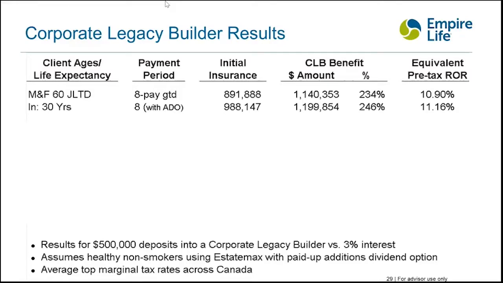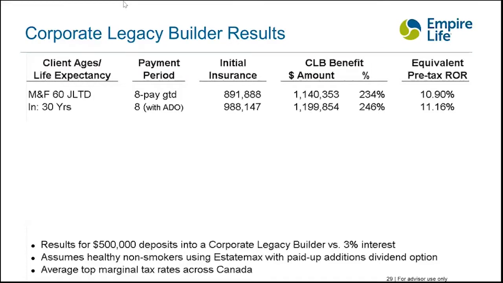All in all, a very good improvement in the results. Of course, you need to bear in mind the key distinction between the two approaches, aside from the results, is the guaranteed 8-pay's guarantees, while the approach with additional deposit option is not guaranteed, but instead has flexibility with respect to premium payments.